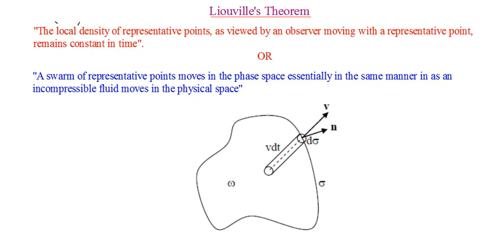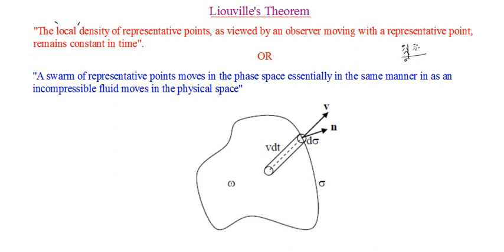The meaning is that local density means the density that is observed by an observer at a particular point. Suppose that at this particular point in the space, there is an observer located. I'm just showing this coordinate as the observer.